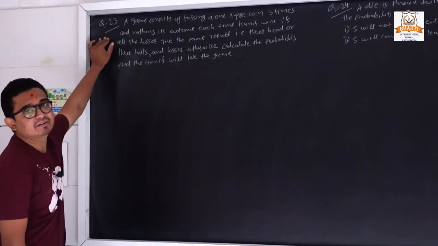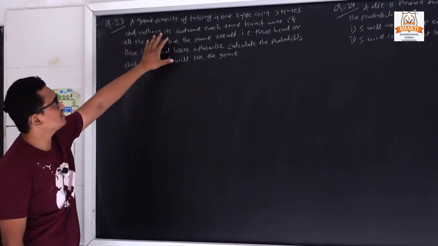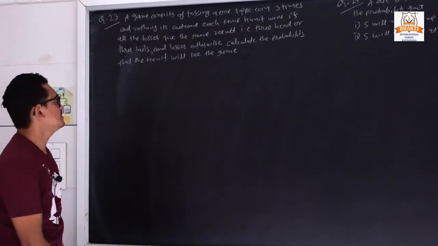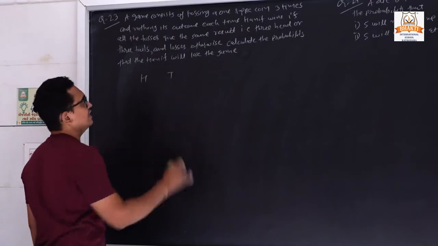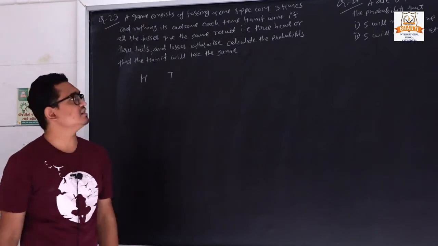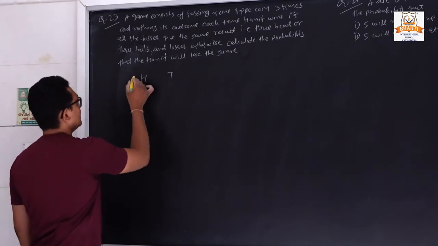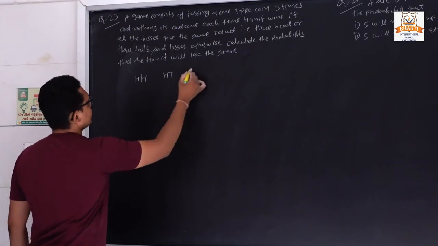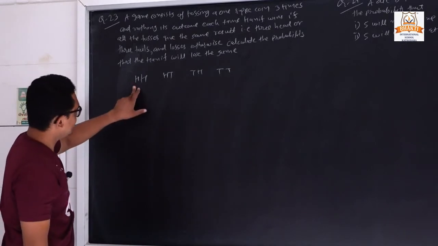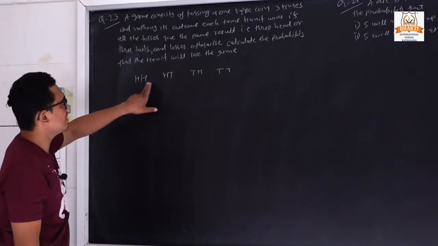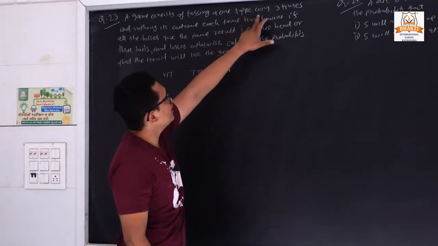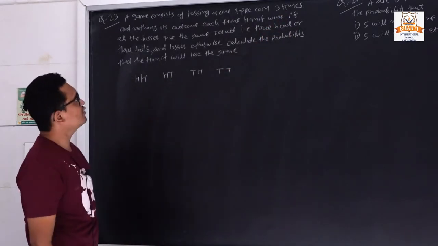Question number 23. A game consists of tossing a 1 rupee coin 3 times. If we throw a toss, we have 2 outcomes, either head or tail. Now if we have 2 coins and we throw them simultaneously, we have 4 outcomes: HH, HT, TH and TT. And here they are saying the 1 rupee coin is tossed 3 times, noting the outcome each time.